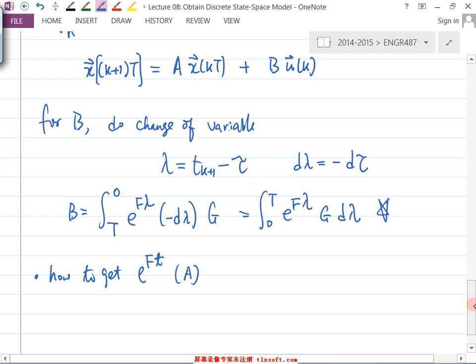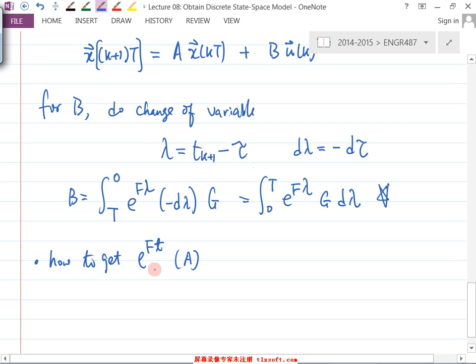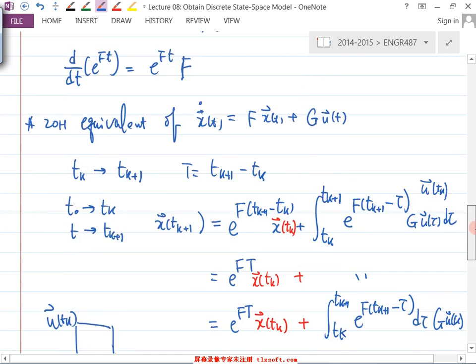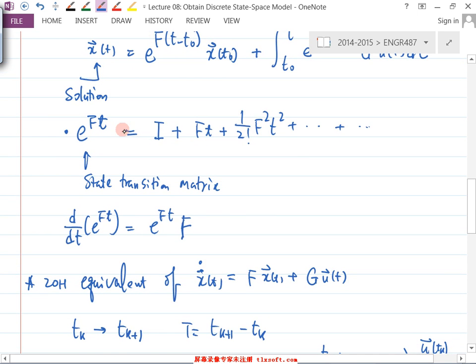As a matter of fact, the key is actually to get this e to the power of ft. Remember what e to the ft is? E to the ft technically is this, and if you expand everything out, it's going to give you a square matrix, the same size as f here.